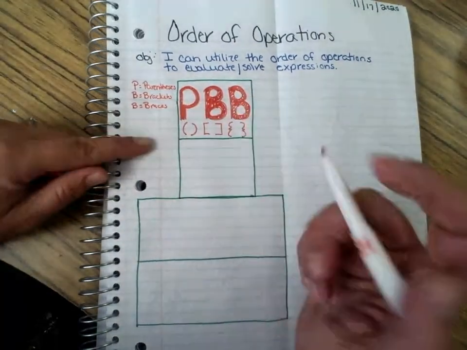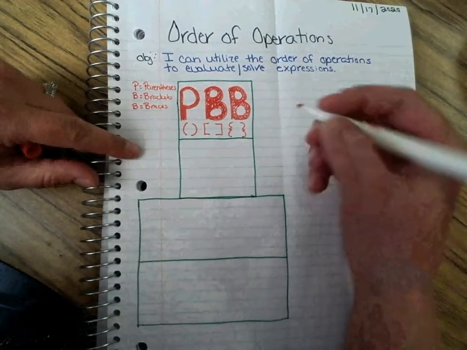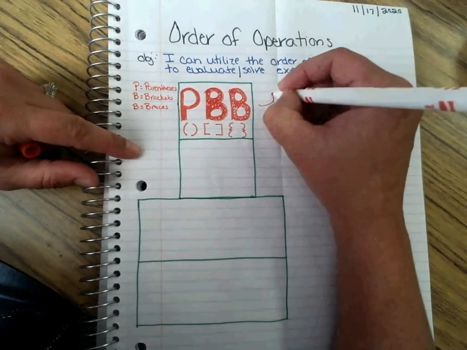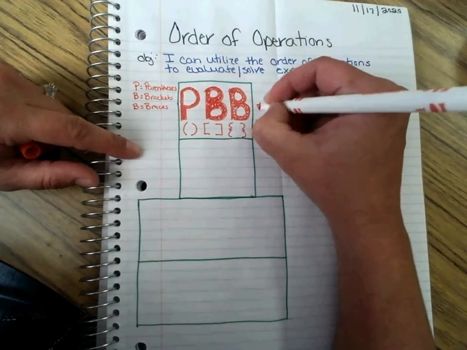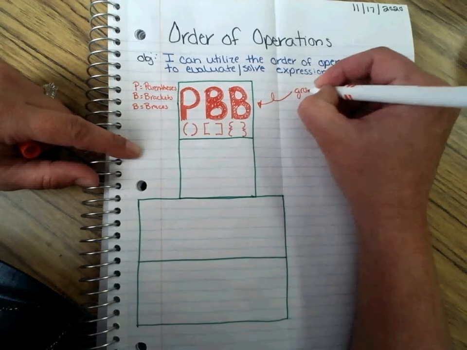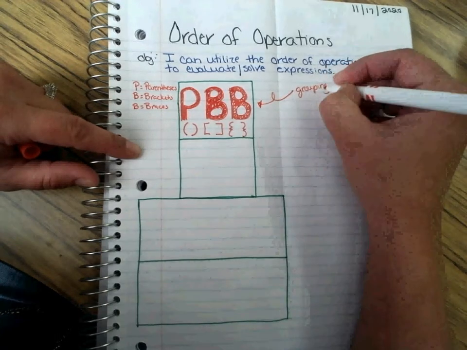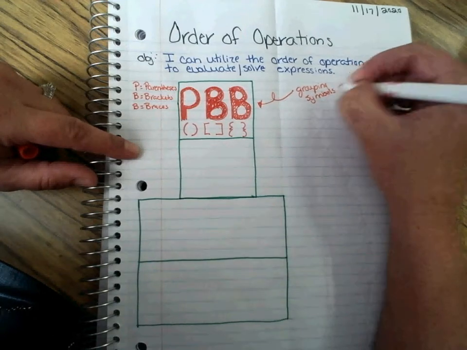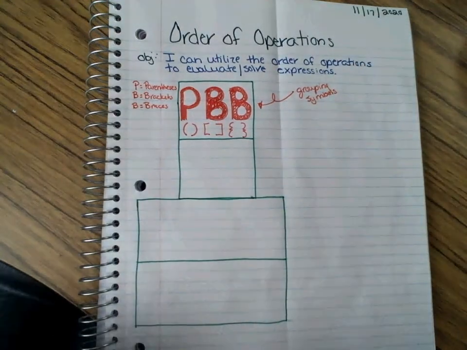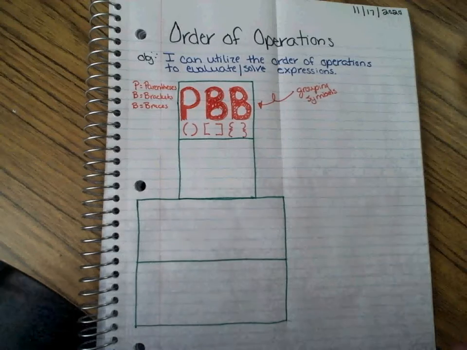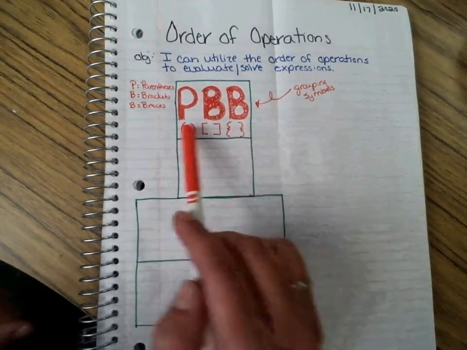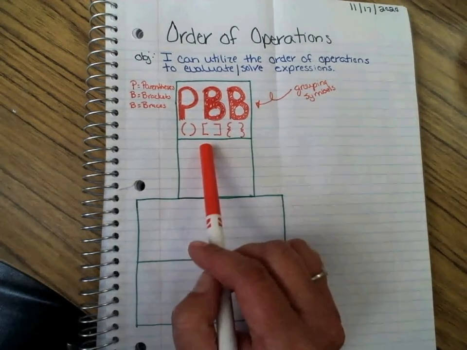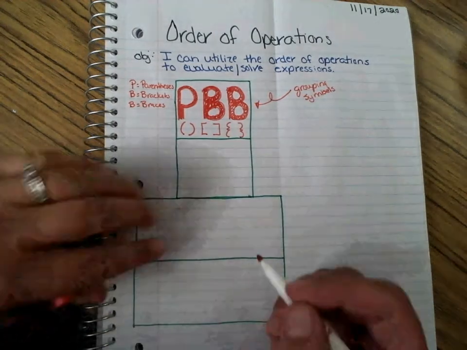So these are also called grouping symbols. Okay, so you'll see it as that also. Grouping symbols. Because it groups things, associates them together. So those are our grouping symbols. Okay, so that is the first step. Anything that is in any set of grouping symbols, we work first.